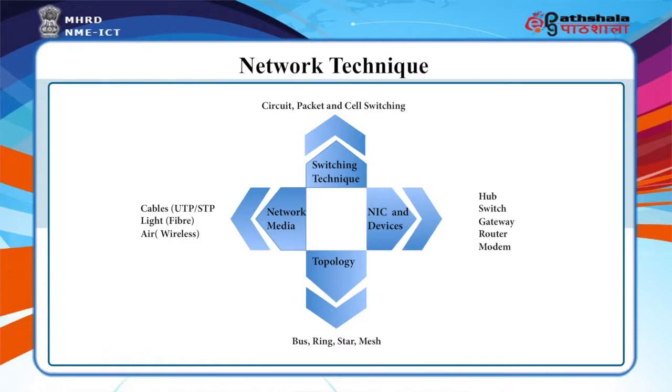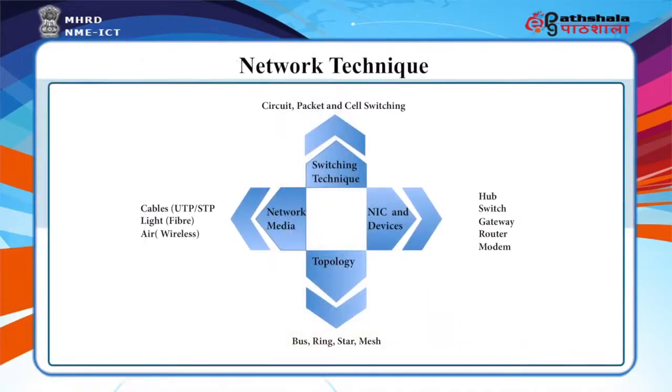The media can be cables, the media can even be light, the media can even be air where wireless works. All the devices on this media will be discussed, and as far as possible we will try to show some of the products and cables as part of this module.